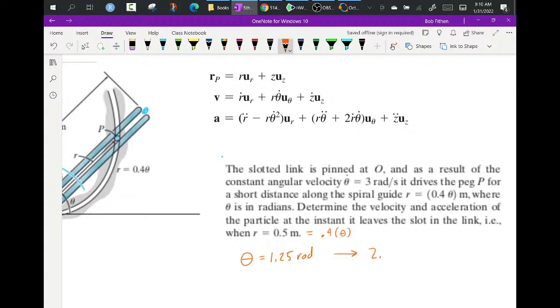So 1.25 radians, and there's 180. I'm just going to use the degree symbol here. Degrees every radian.